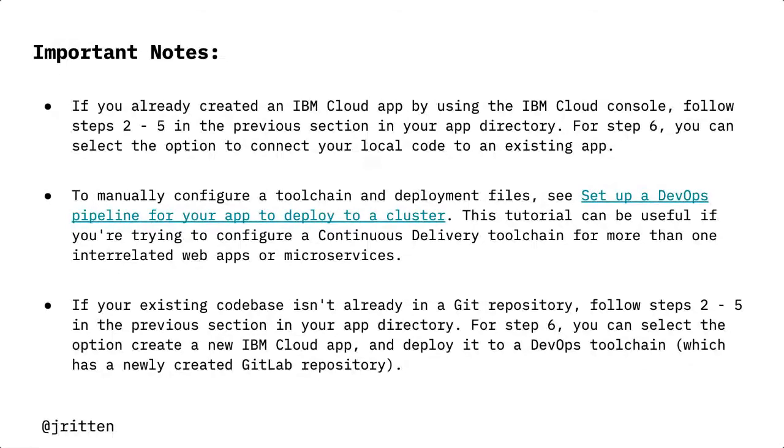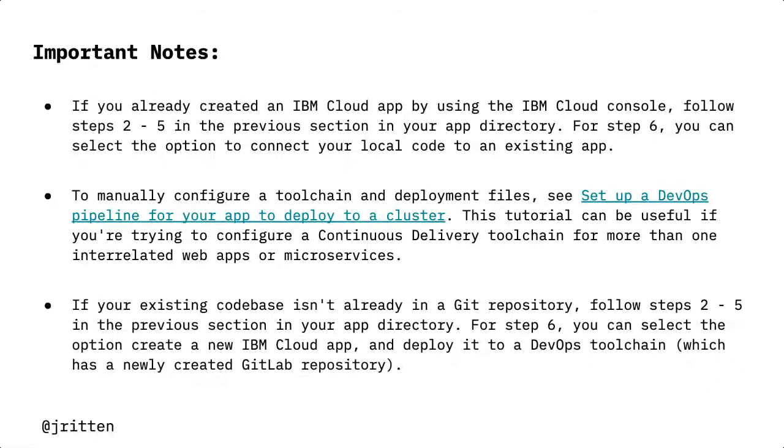So now that we've set up the Cloud Foundry toolchain, when you commit to the repo, the toolchain is going to kick off those changes and deploy automatically. So you want to make sure you're in your application before running any of the following setup commands. So IBM Cloud Dev Edit allows you to make changes to an existing application.